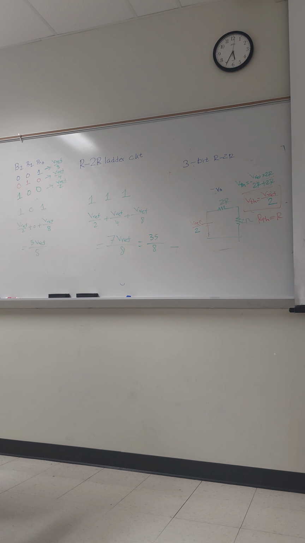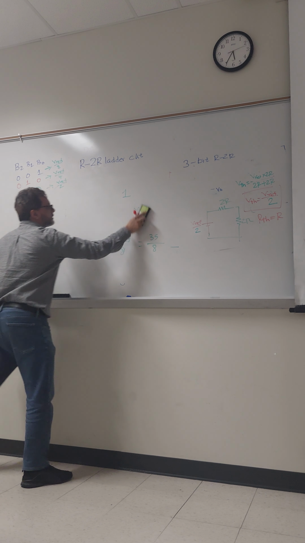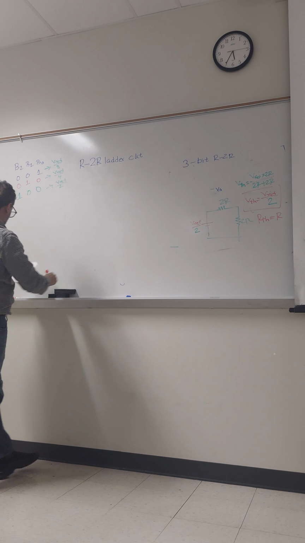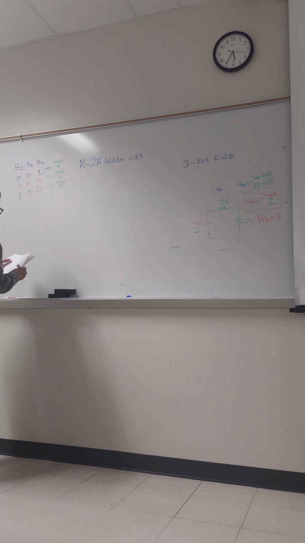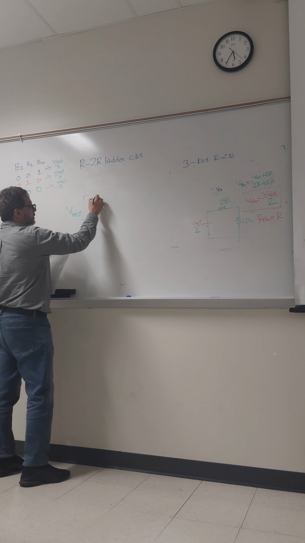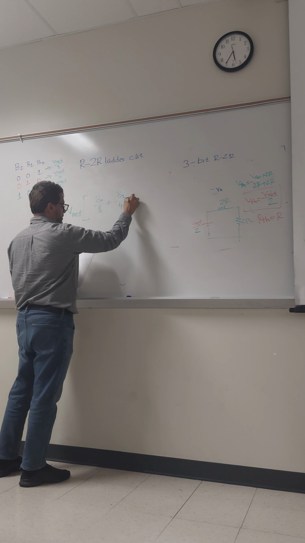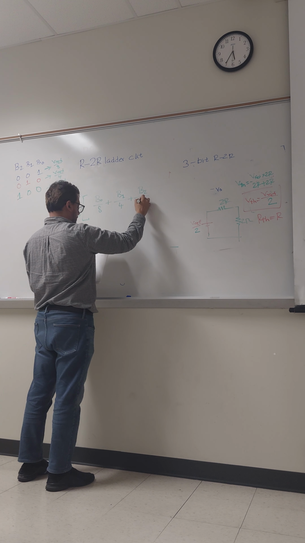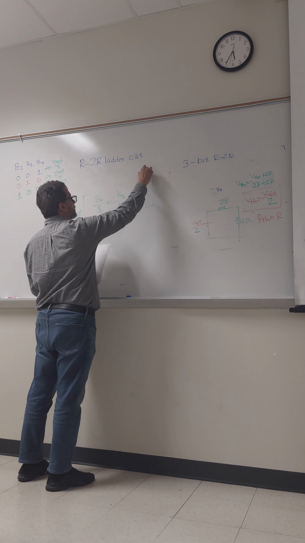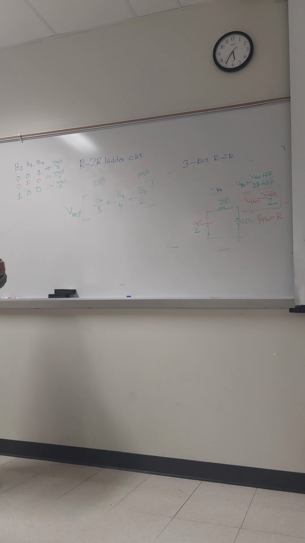For example, let's see. What is the general equation? The general equation for this Thevenin's equivalent voltage, we can write down as V ref times V0 over 2 plus V1 over 4 plus V2 over 8, where this is the MSB and this is the LSB. Right? This is for 3 bit.